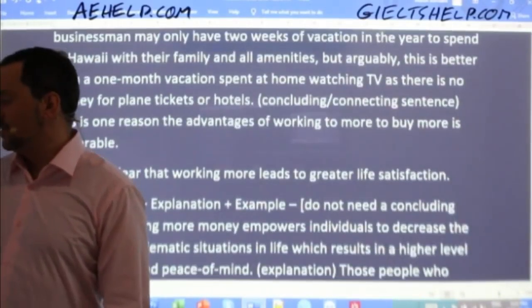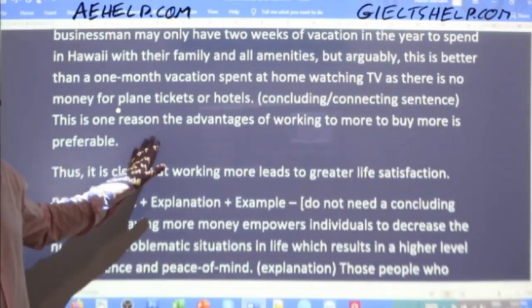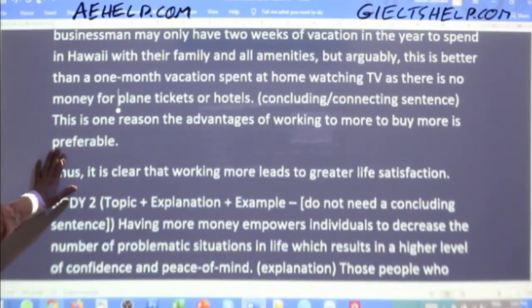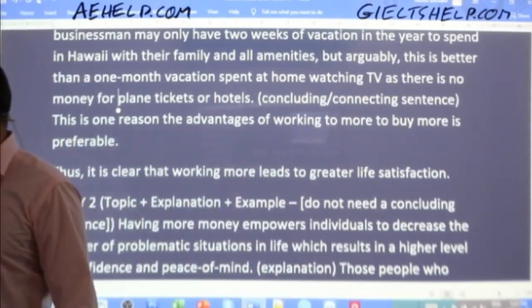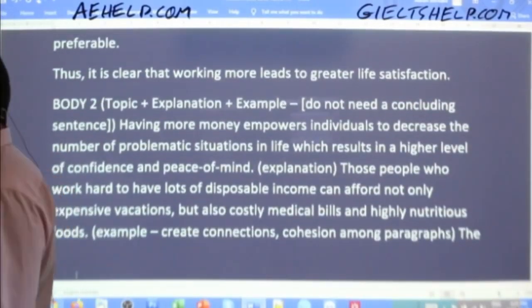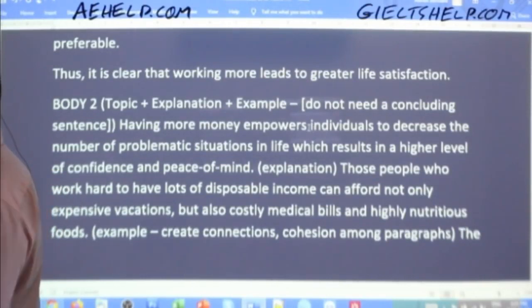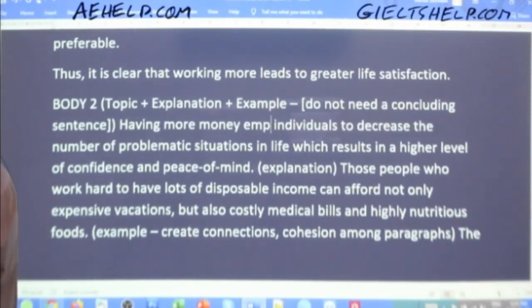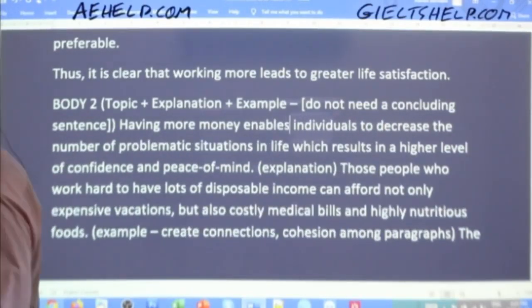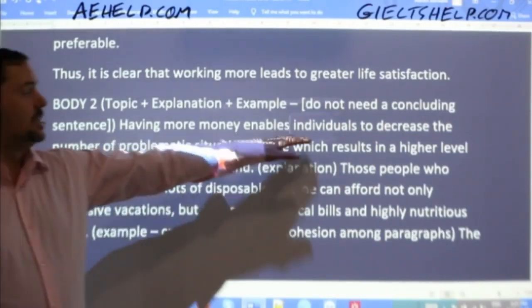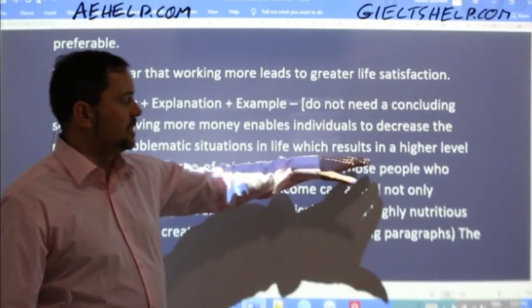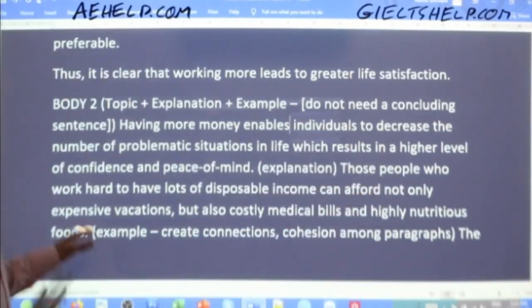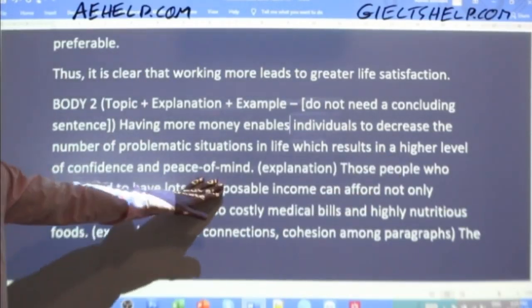This is one reason the advantages of working more to buy more is preferable. Having more money empowers individuals to decrease, and I used the word empowers before, so now I replace it with enables. Okay, it's a nice synonym for that. Enables individuals to decrease the number of problematic situations in life, which result in a higher level of confidence and peace of mind.